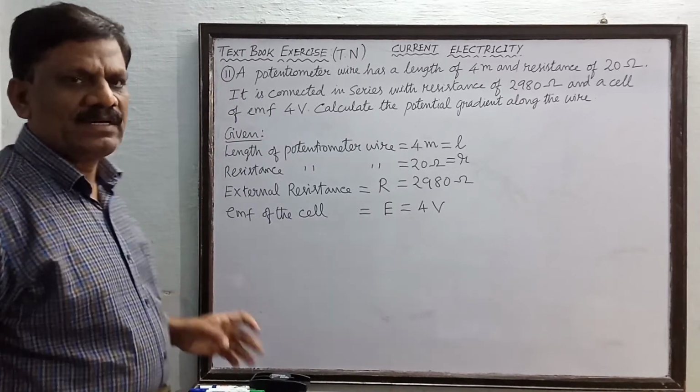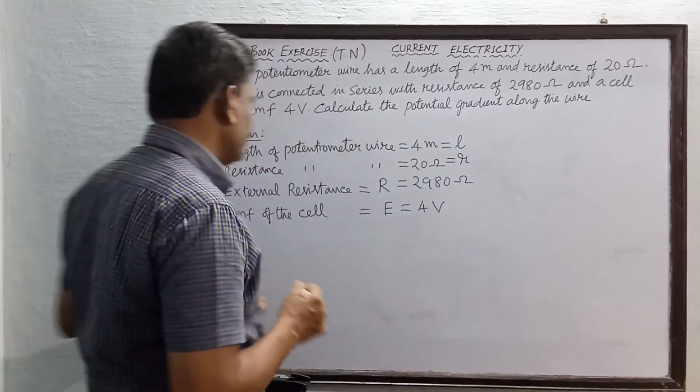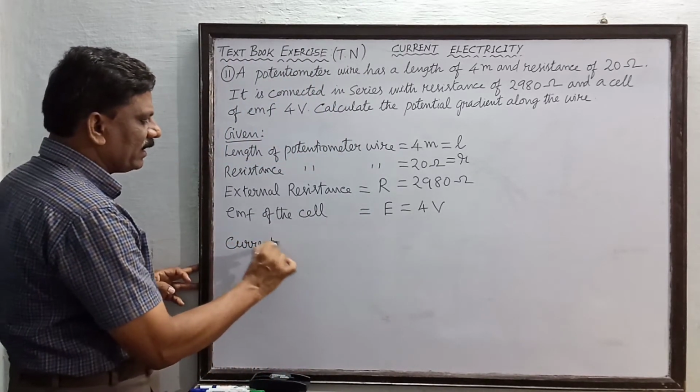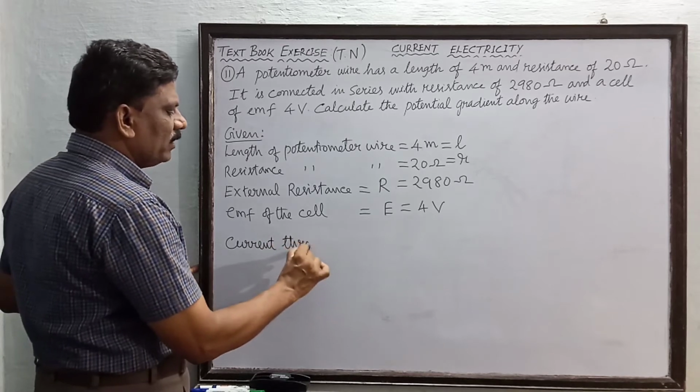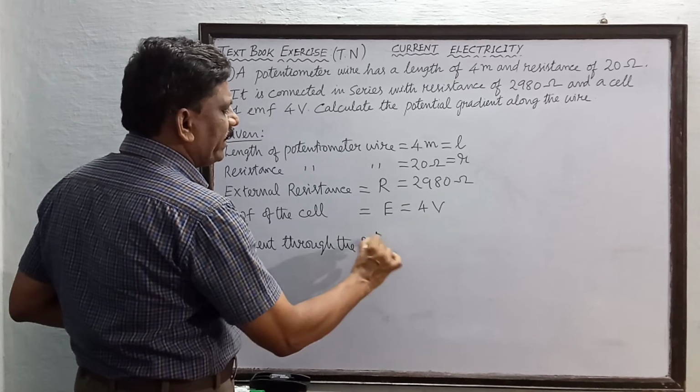Now from this, first, what is the current sent by the cell? The current supplied by the cell, that is the current through the potentiometer wire.